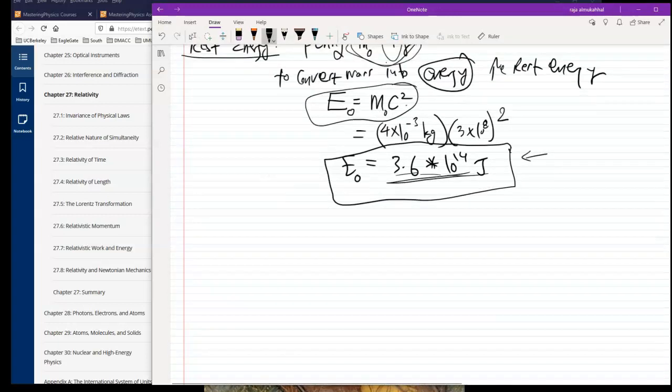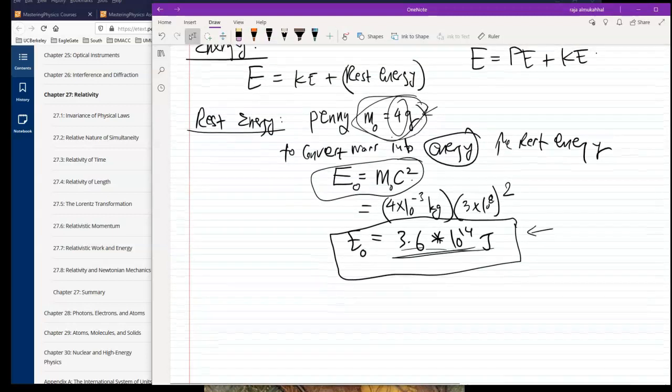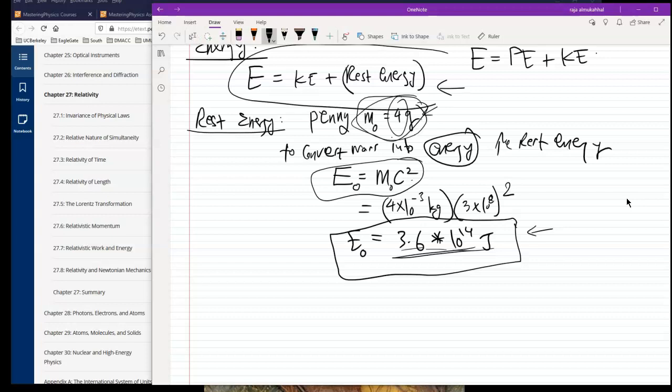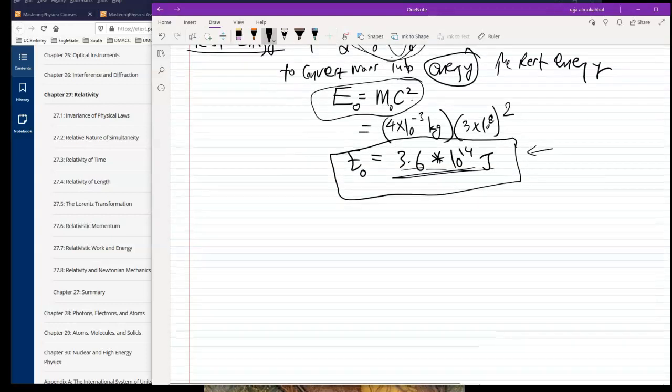Let me go back to that formula that I just showed you right here. We said that the total energy according to relativity, E, is equal to the rest energy, m naught c squared, plus the kinetic energy, K. So what is this E, the total energy?